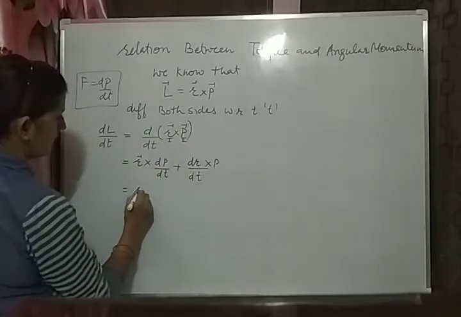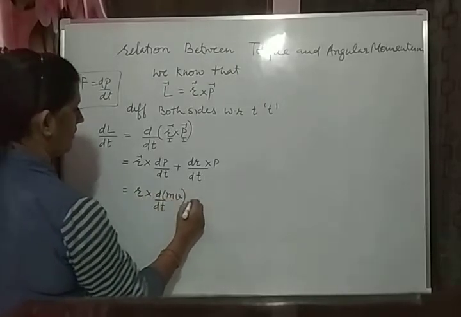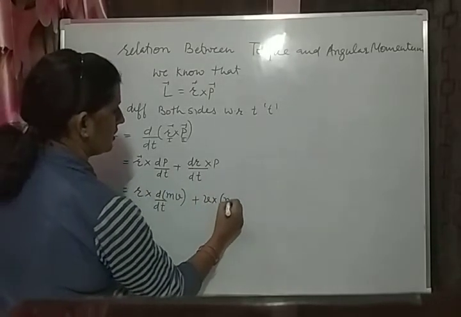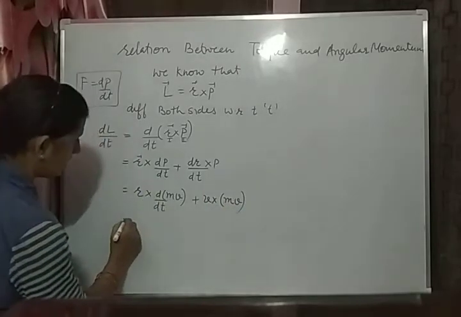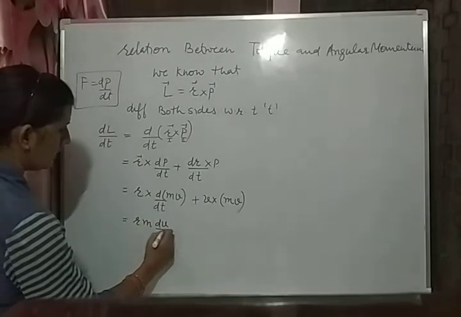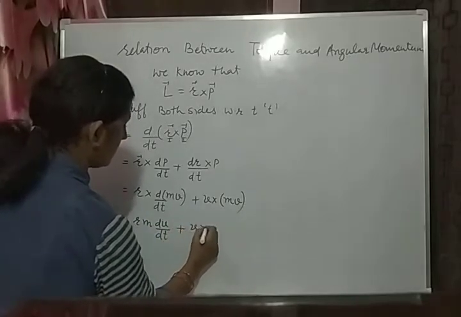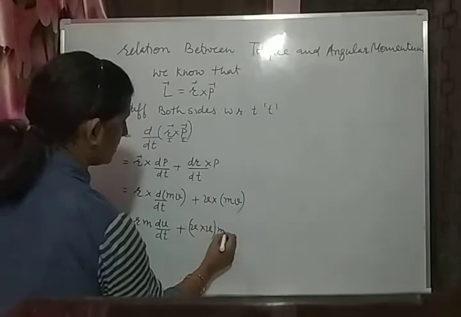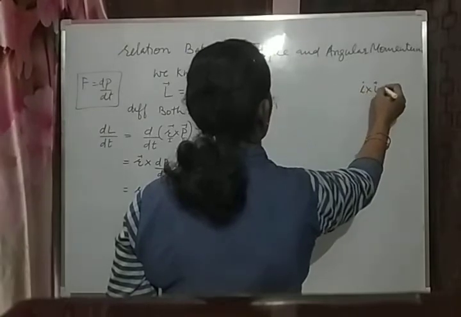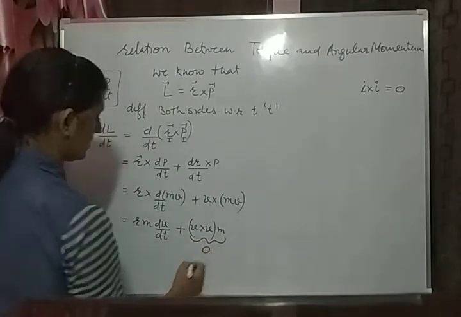So this is r cross d by dt of mv, plus v cross m v. Here you can write r, m taken outside, cross dv by dt. Here v cross v, m is a constant. You know, my dear students, i cross i, the angle between these is 0. So this term will be 0.